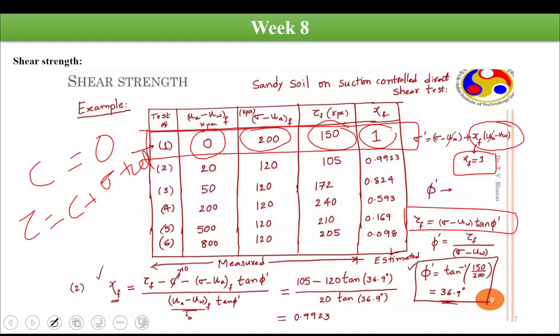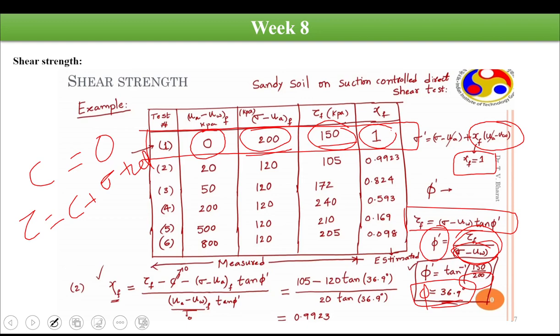If we rearrange, then phi dash will be equal to tan inverse of tau f upon sigma minus ua. The tau f value is given as 150 and sigma minus ua is given as 200. So that will be tan inverse of 150 upon 200, which gives 36.86, or 36.9 degrees.